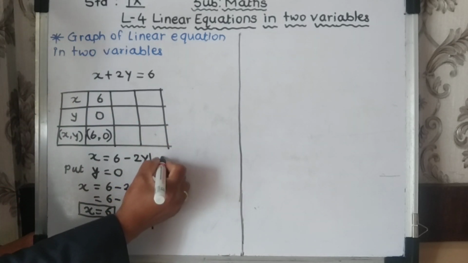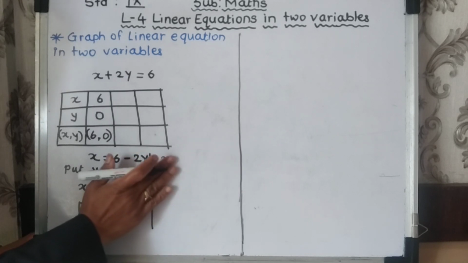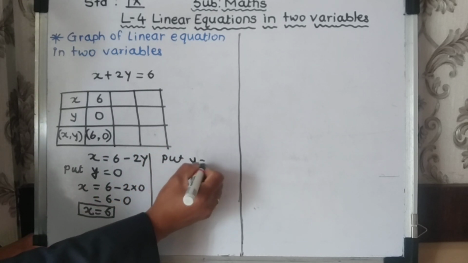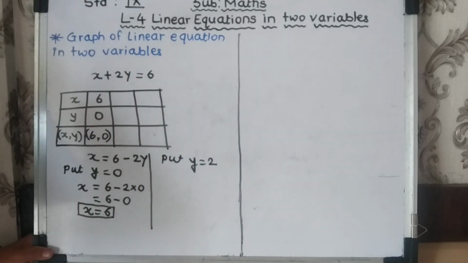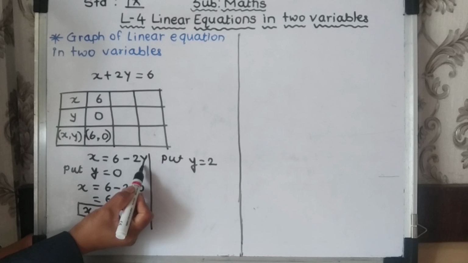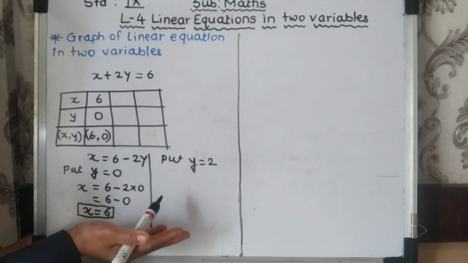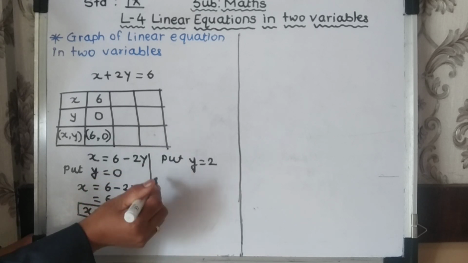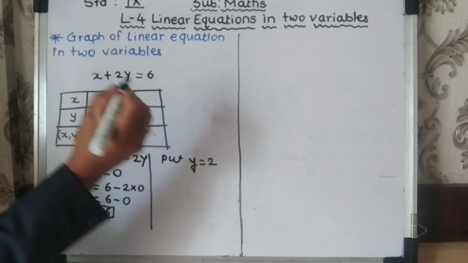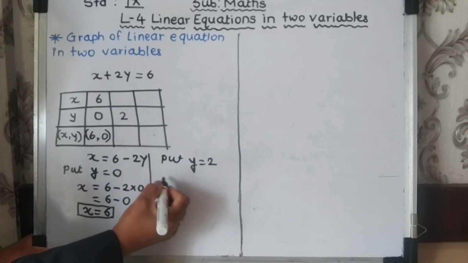So let us put y equals 2. If I take the y value 2, then 2 twos are 4, and 6 minus 4 equals 2 we will get. So when I am putting y equals 2, let us see what value we are getting.